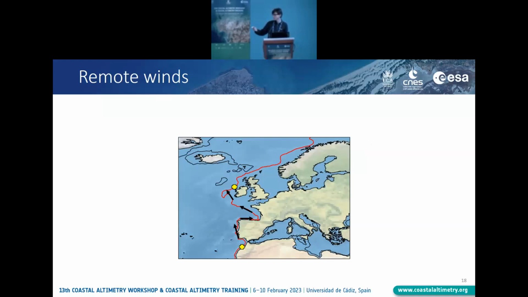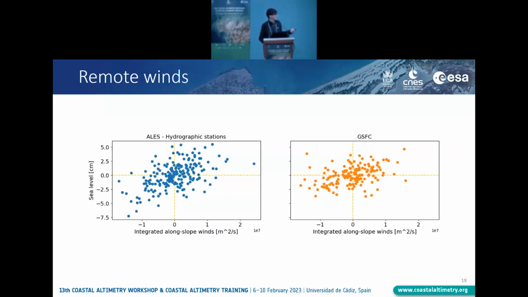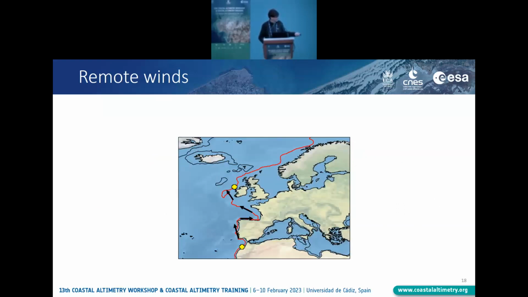Therefore, we might expect that the winds in this location might be somewhat related to the mass component of sea level along the Norwegian shelf. And when we compare the two, here I consider the integrated along-slope winds over this section between the two processes.